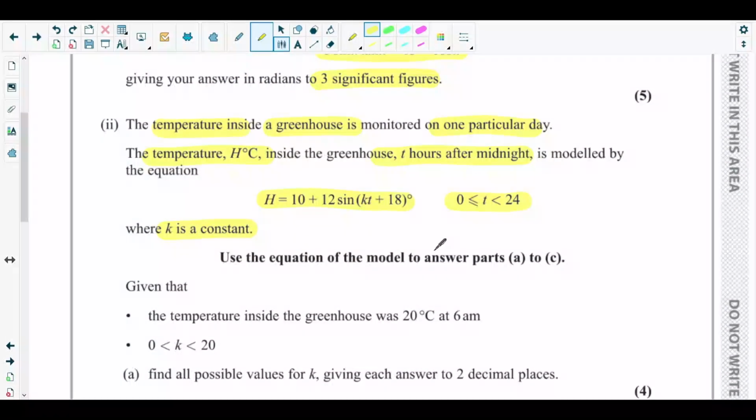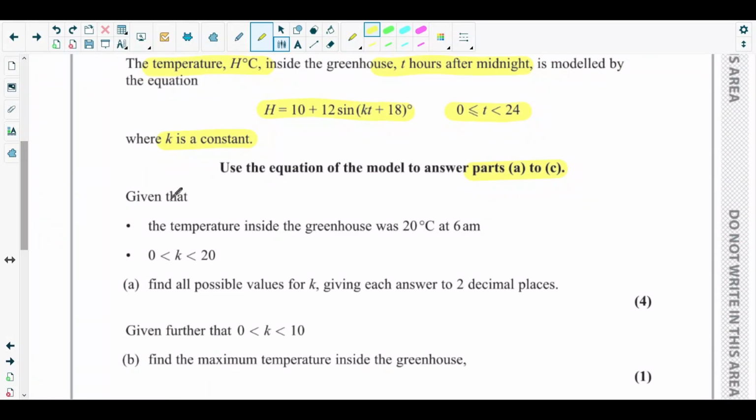Use the model to answer parts A to C. Given that the temperature was 20 degrees Celsius at 6 AM and K is greater than 0 and less than 20, the range of values of K should be between 0 and 20.